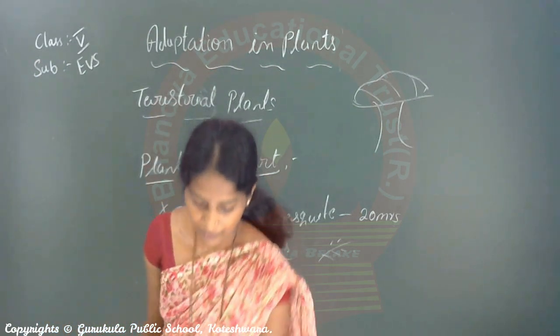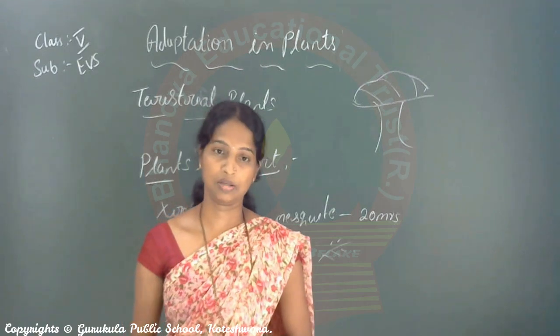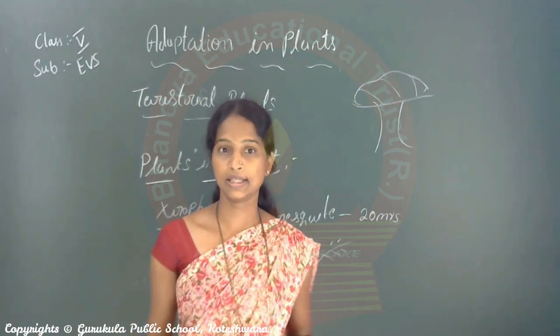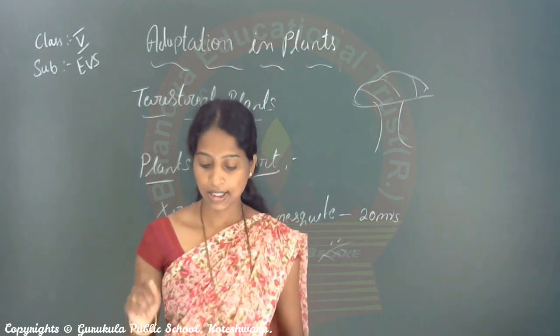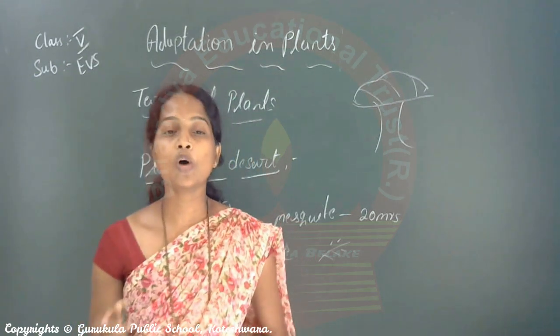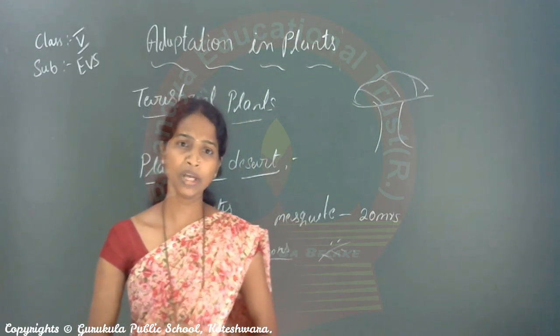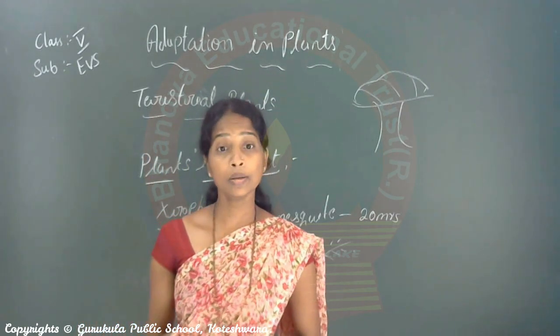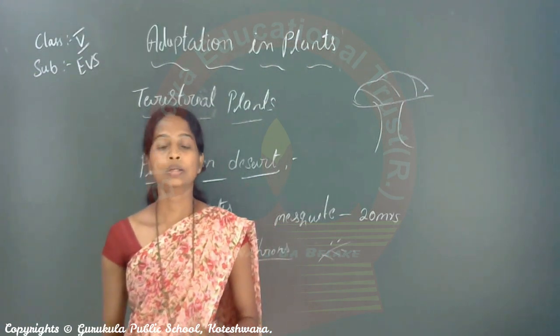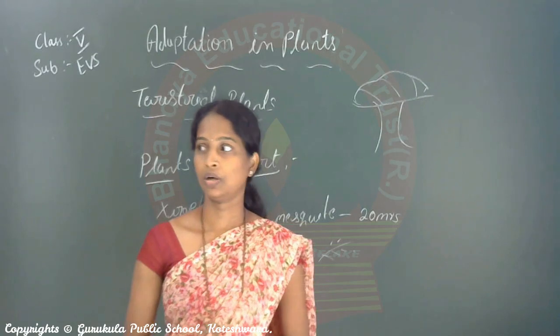Some desert plants such as cactus, you know that cactus is a desert plant, have a spongy and soft stem. Why? Because they store water.